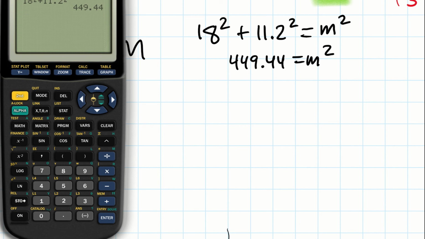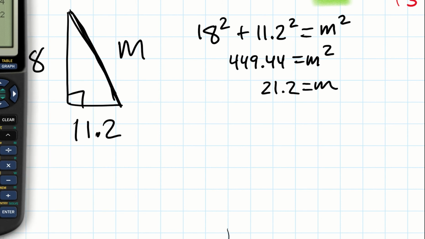So I need to take the square root of 449.44. When I take the square root of that, I get 21.2. So 21.2 is what m is.